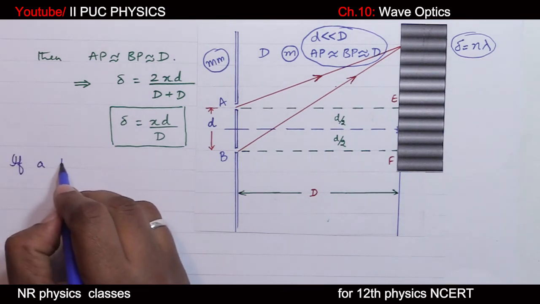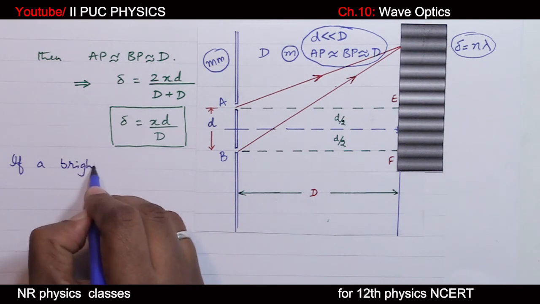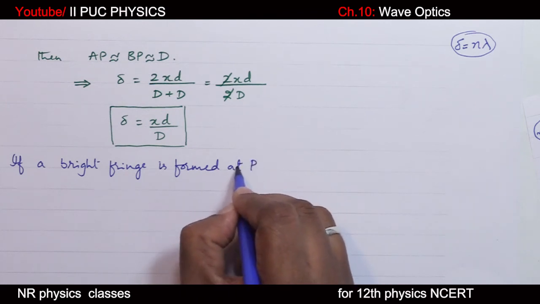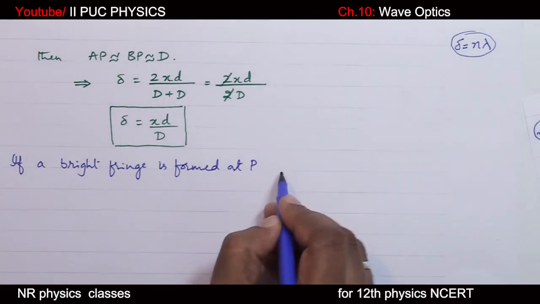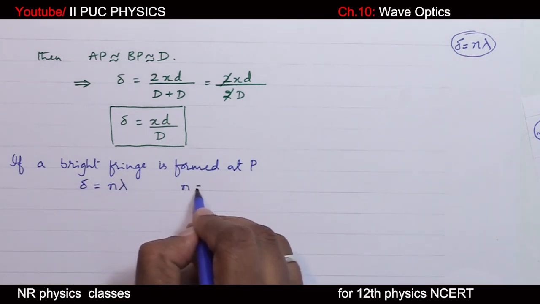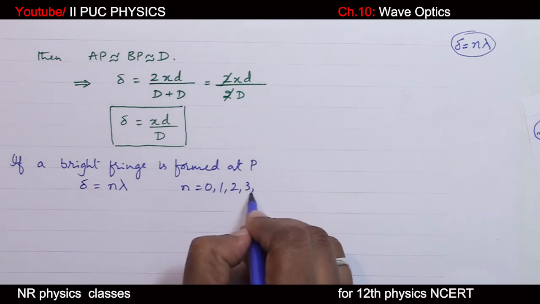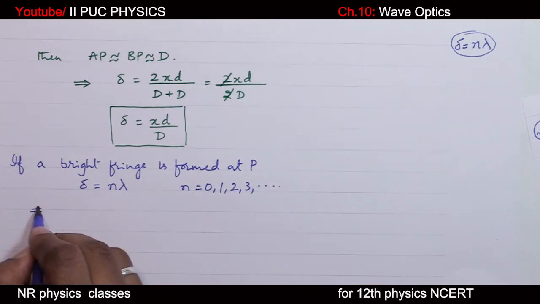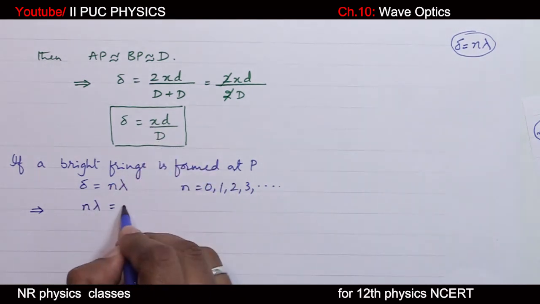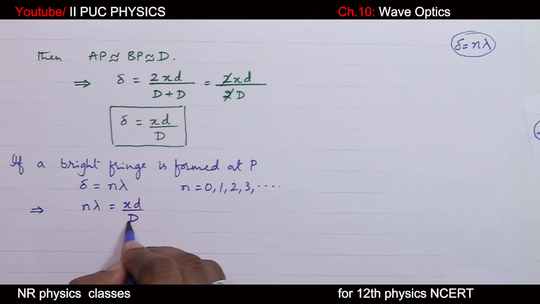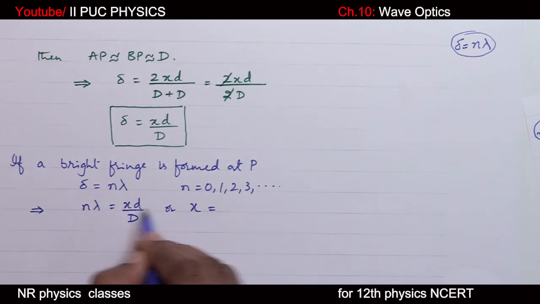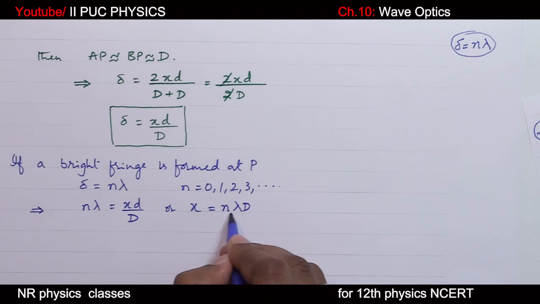If a bright fringe is formed at P, then path difference for bright fringes is n lambda, where n equal to 0, 1, 2, 3, etc. This implies that n lambda equal to xd by capital D, or x equal to n lambda capital D by small d.